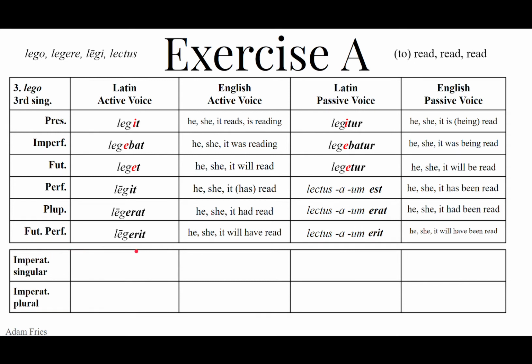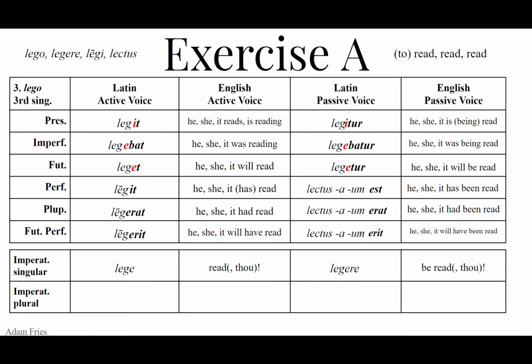The imperative singular. To form the imperative singular of a third conjugation verb, you go to the second principal part and chop off the re, and you get lege, where you order one person to read. Read, thou, you, read. The passive, legere, is the same as the second principal part, just like a first and second conjugation.